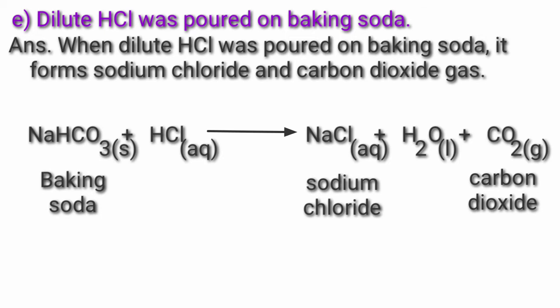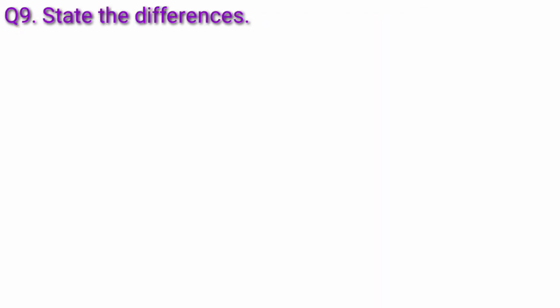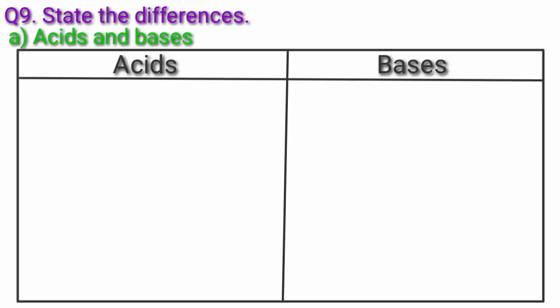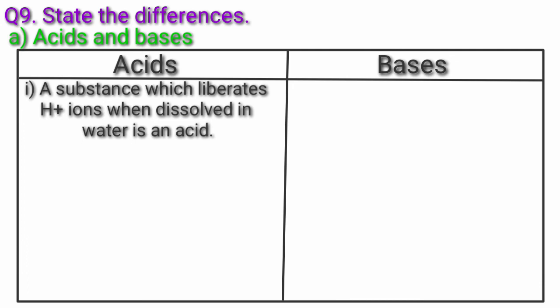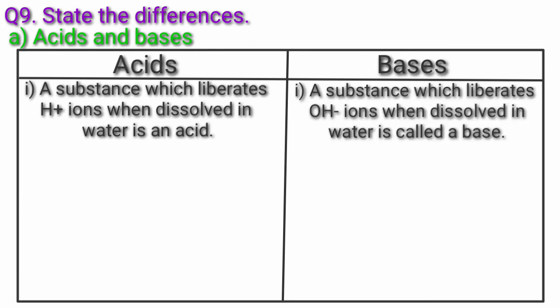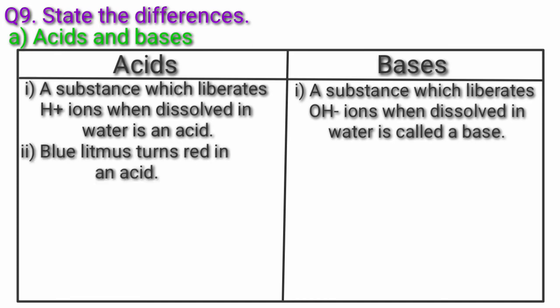Question 9. State the differences. A. Acids and bases. Answer. A substance which liberates H+ ions when dissolved in water is an acid, and a substance which liberates OH- ions when dissolved in water is called a base. Blue litmus turns red in an acid.